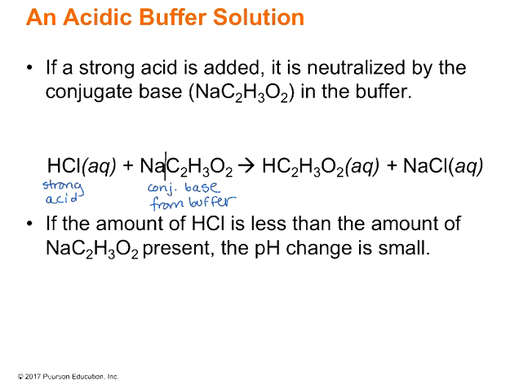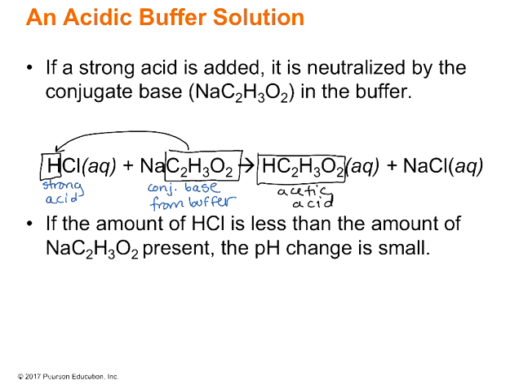So in this case, the acetate ion is our base, and we're going to see that it takes a hydrogen from the acid, and we end up with acetic acid. And then our other product is whatever's left over, which in this case is sodium chloride. But remember that this is aqueous, so really we have a sodium ion and a chloride ion floating around in solution.